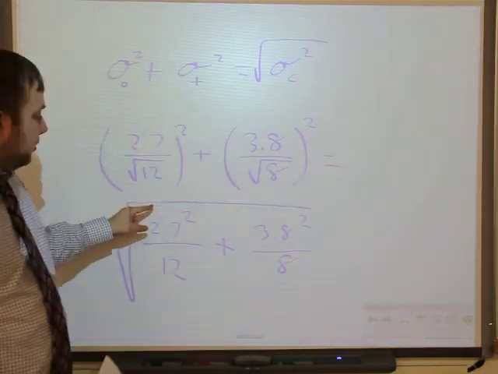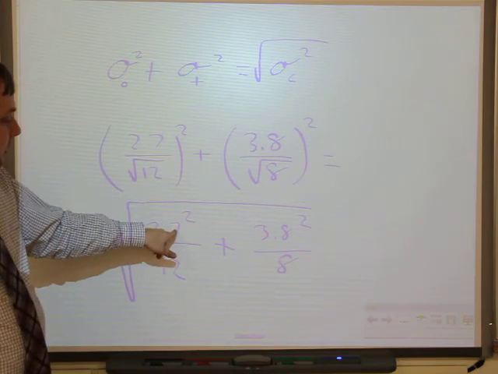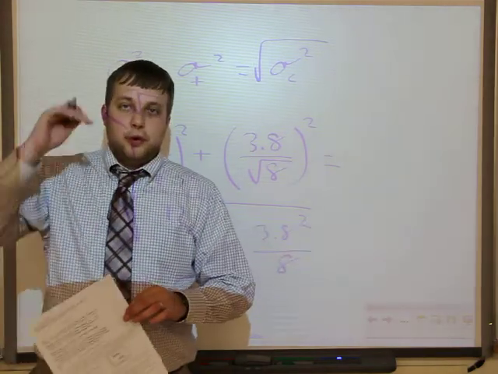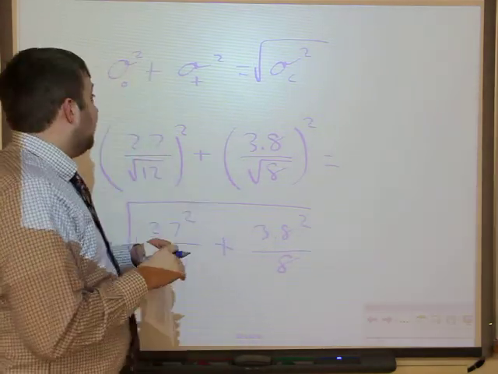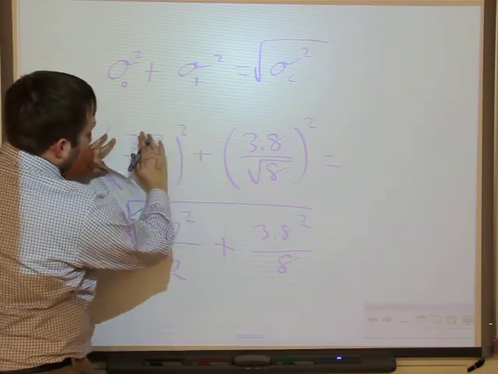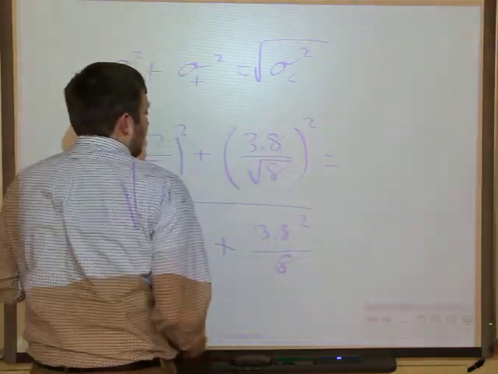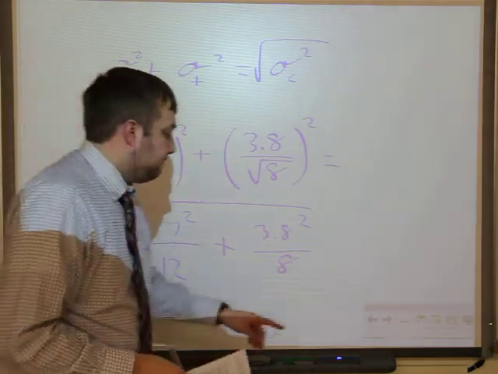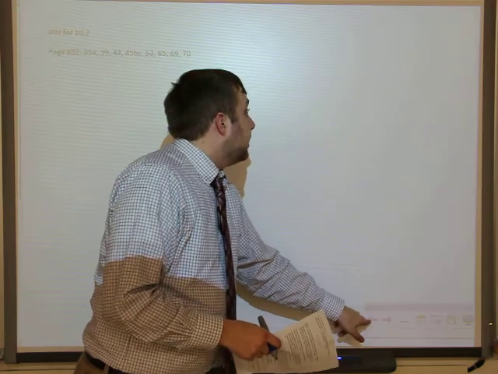I'm going to want a square root of the deviation squared over my number of samples. Slightly different than the originals. Remember, originally we would just have this root right here, but since we're combining them, it's going to look a little different. So be careful on that. You can fill that in on that blank.